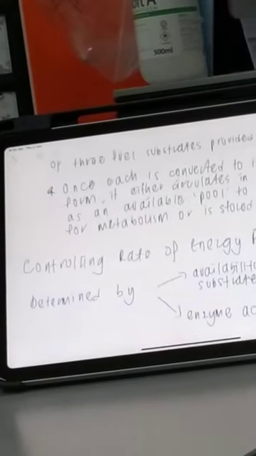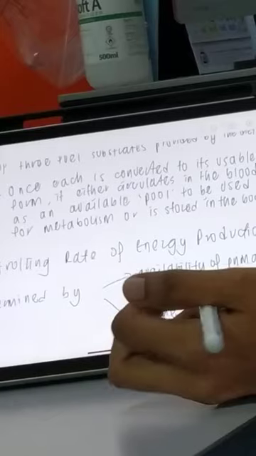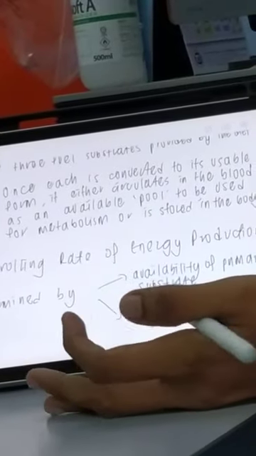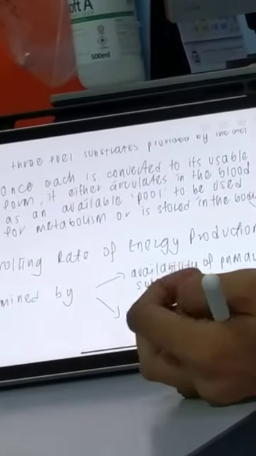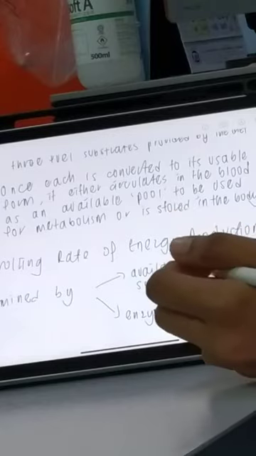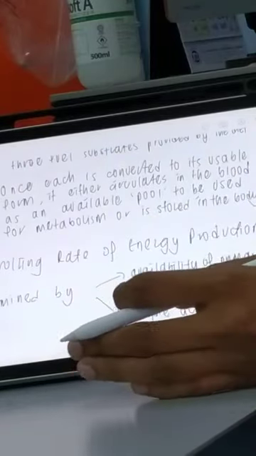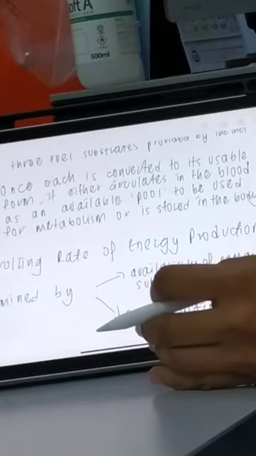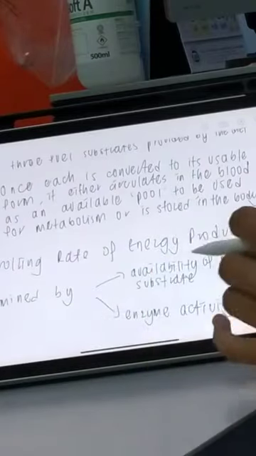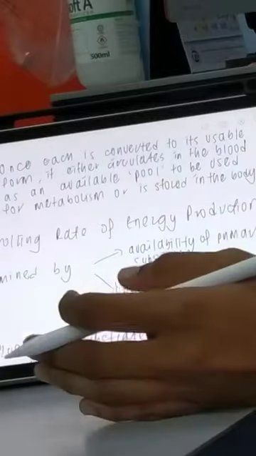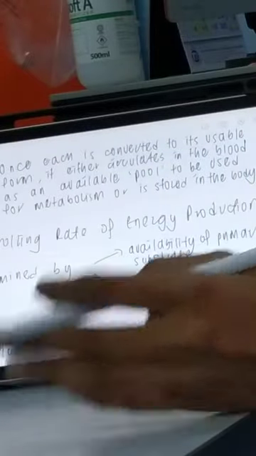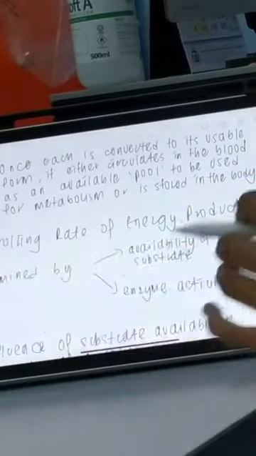Okay, so how do we decide on the rate of energy being produced? The first thing is the availability of the primary substrate. We must see whether carbohydrate is more than protein, or protein is more than fat. Then we decide whether we take the energy from carbohydrate, fat, or protein.